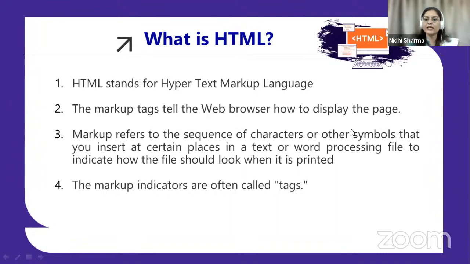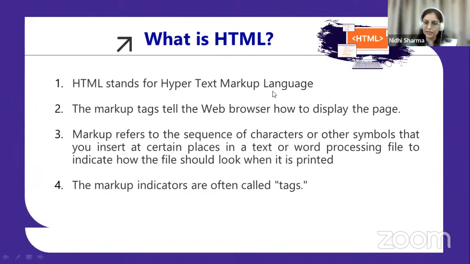These are the tags that format the text, that format the images, that format all the contents on the website. We can have images, we can have tables, we can have lists, and so many forms and everything. So how are we going to format all the contents on the website? So we call it Hypertext Markup Language.